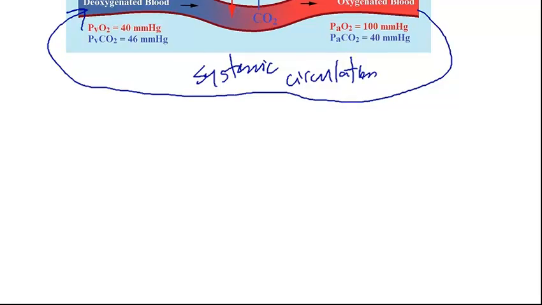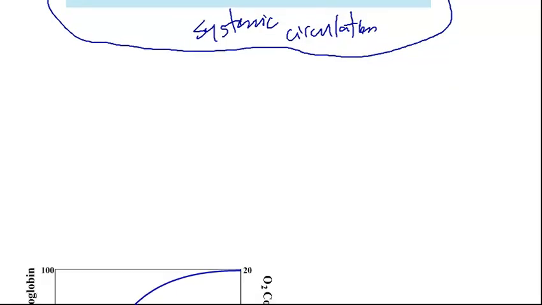Now you can see that oxygen transport by the blood is one of its very important functions. And so the question is, how does blood carry oxygen? There are two different forms in which oxygen is transported in the blood. Number one, oxygen can actually get dissolved in plasma.